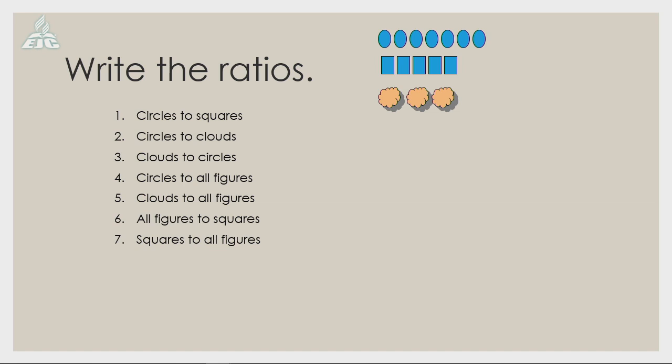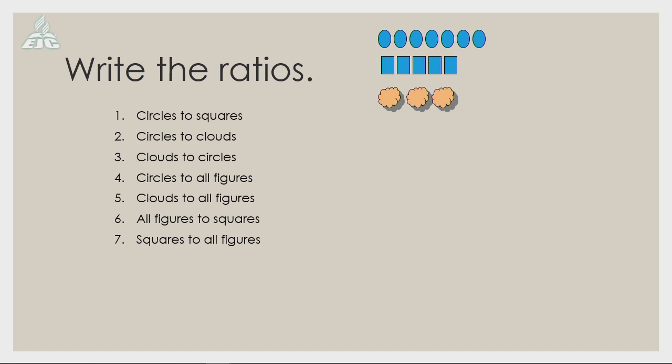We're going to go through all 7 before I show you my answer. Number 2, you're asked to write circles to clouds. Remember how many circles? How many clouds? Number 3, clouds to circles.